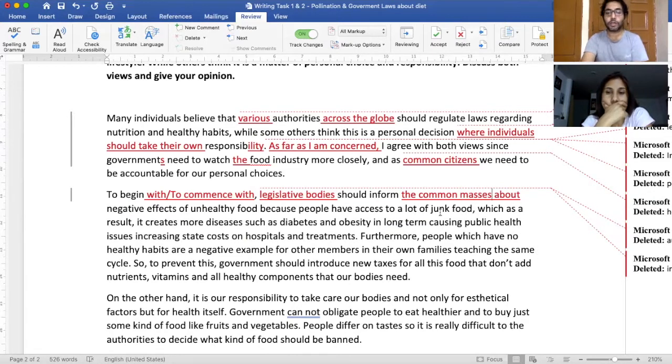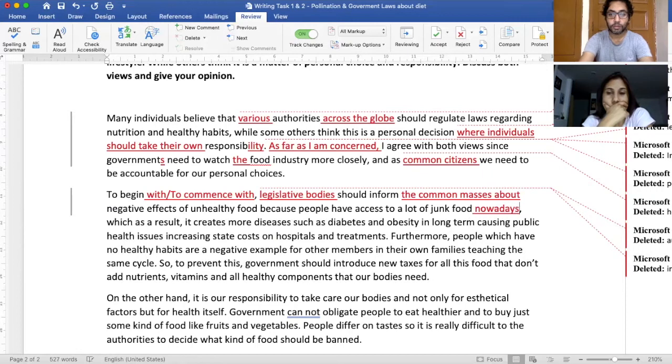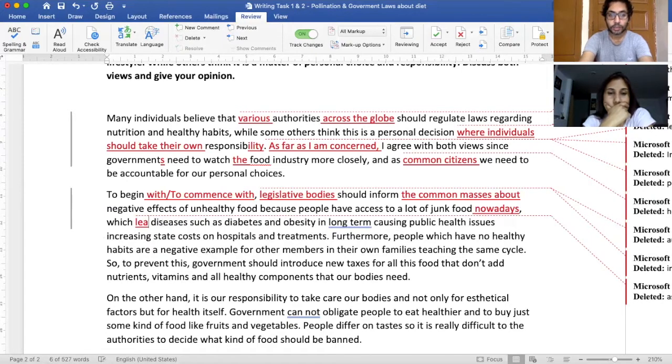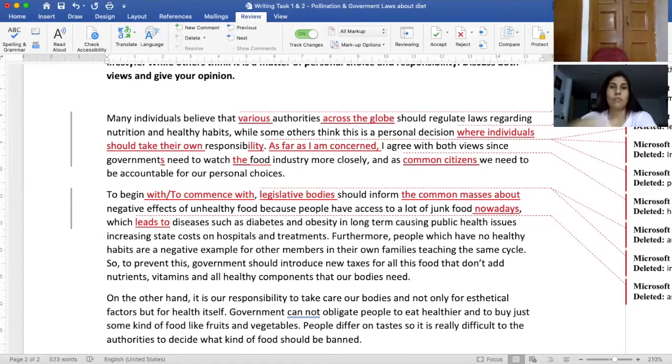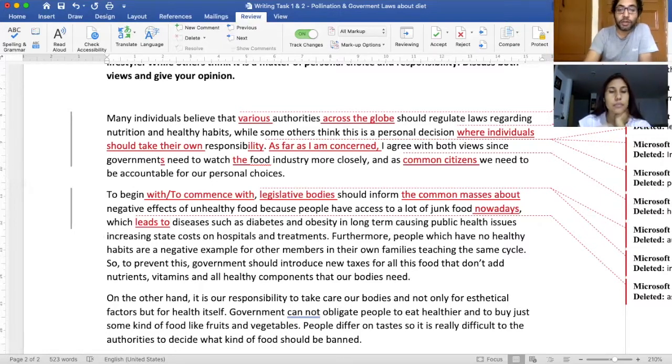People have access to a lot of junk food nowadays. Which leads to diseases such as diabetes, obesity in the long term.